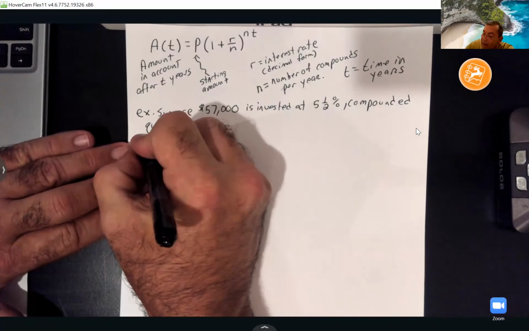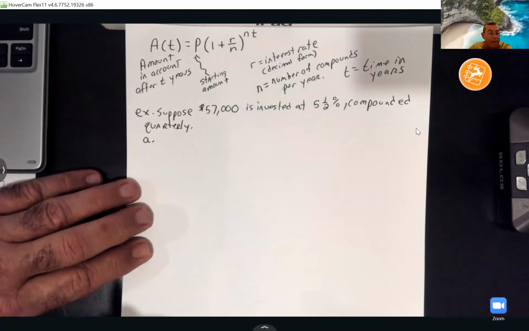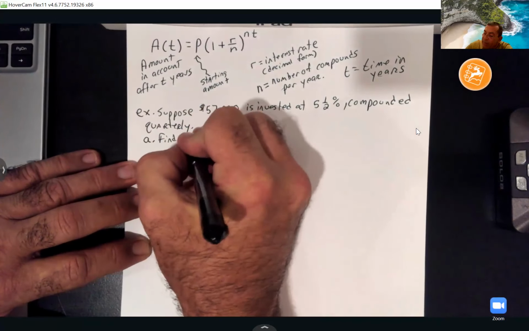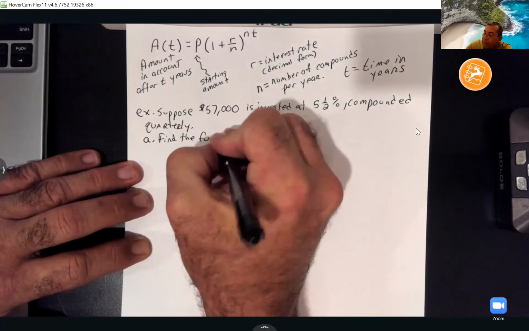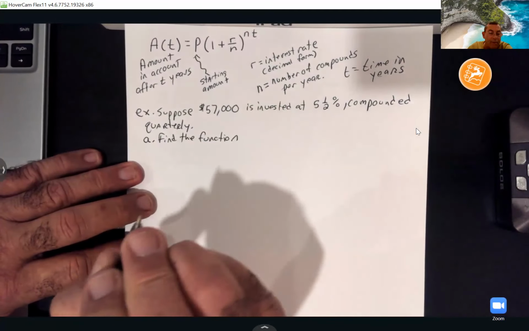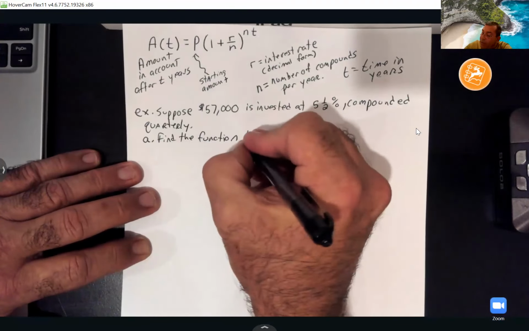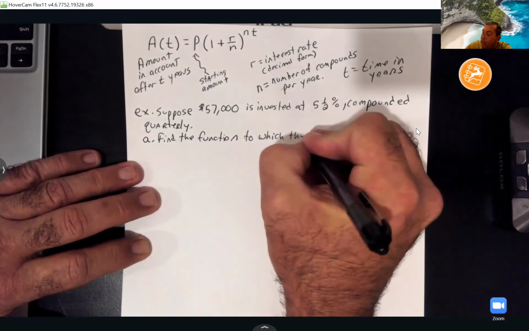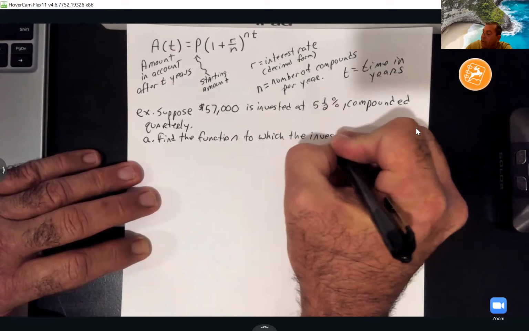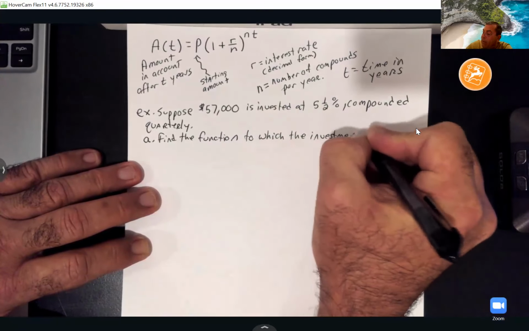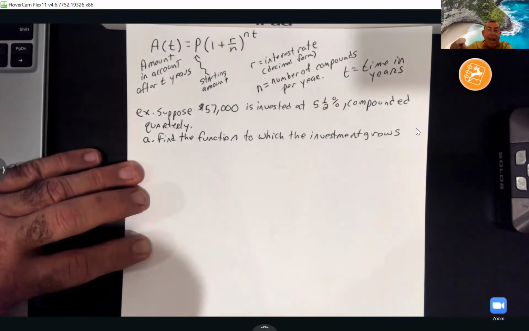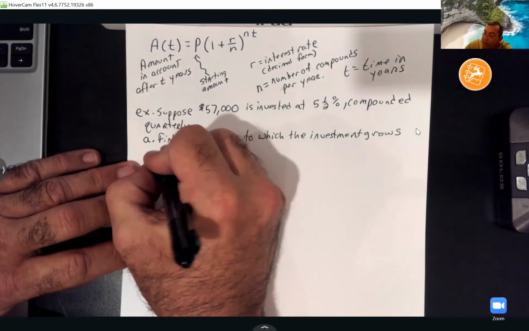For A, we're going to start with A. For A, they want me to find the function to which the investment grows after T years.